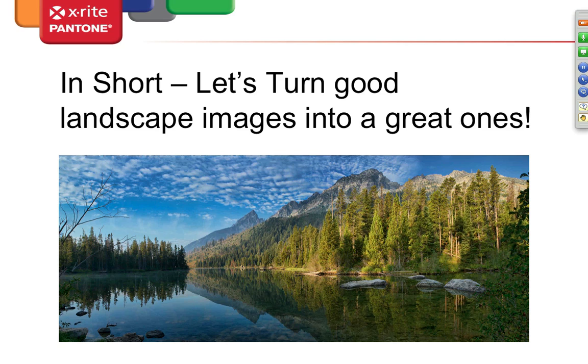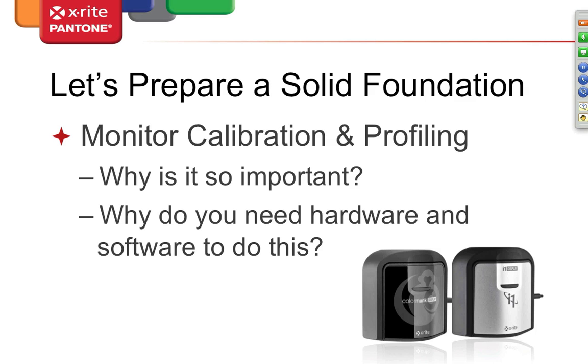Now, how well you see this image on your screen, of course, depends upon if you've got your monitor calibrated. Monitor calibration, I talk about this all the time. It's really important because most monitors out of the box are not designed for photography. They're designed for all this multimedia stuff. You're watching movies and playing games and surfing the internet and typing in Word and then occasionally doing photography editing.